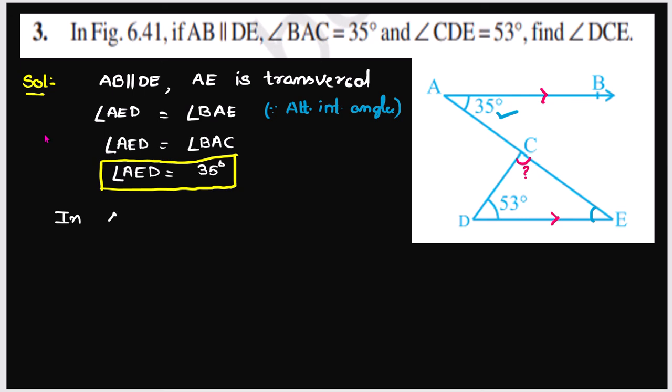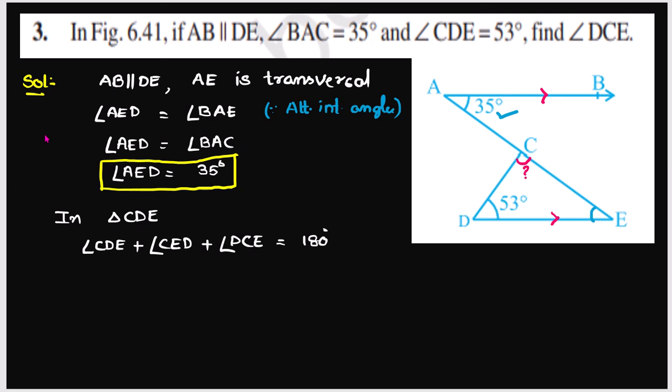Now in triangle CDE, you apply angle sum property. In triangle CDE, what are the three angles we have? Angle CDE plus angle CED plus angle DCE, the required angle, equals 180 degrees. But children, here angle CED is nothing but angle AED.